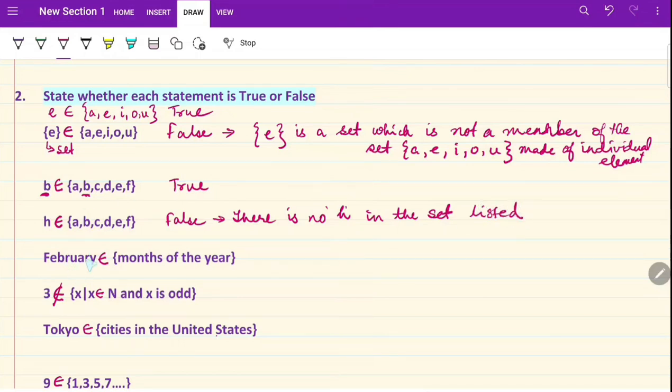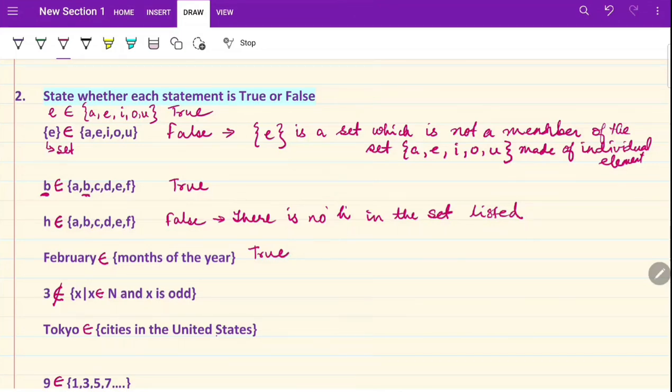All right, so the next one says February belongs to the set months of the year. Again, this symbol can be read as belongs or is a member of. So February is a member of the set of months of the year, which is true, correct? February is a month of the year.